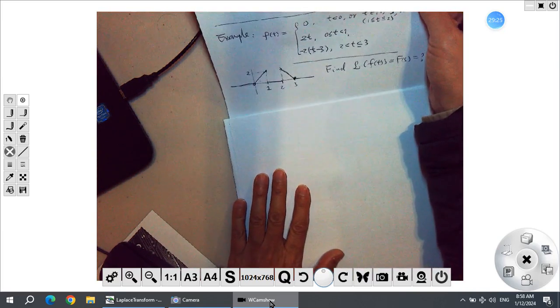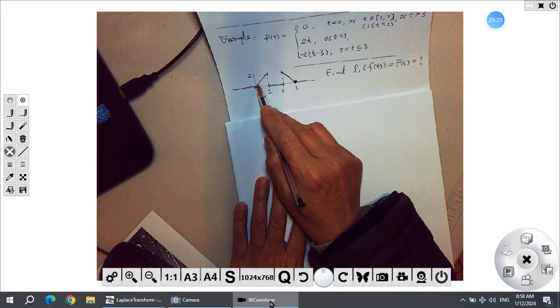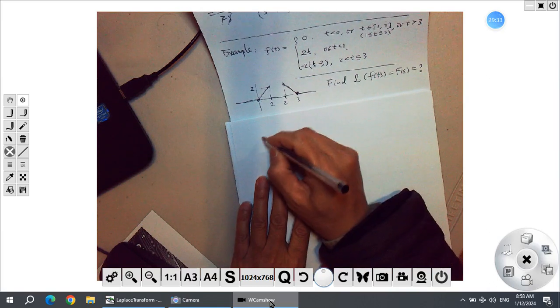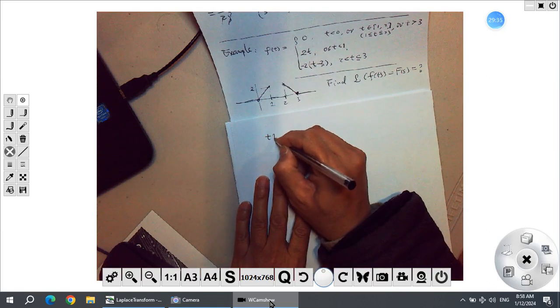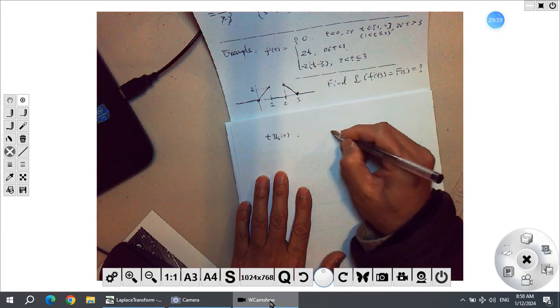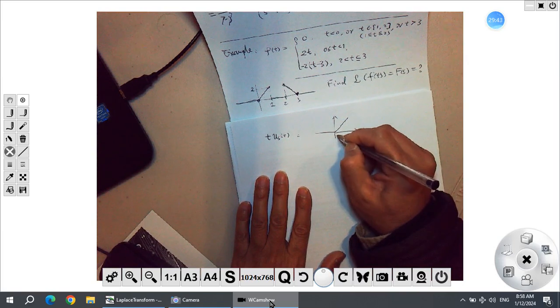You check the graph. It starts from 0 and then jumps up to be a ramp. So this is t times u(t). Actually this is this one, right? Here is t equal to 0. For negative t it is 0.